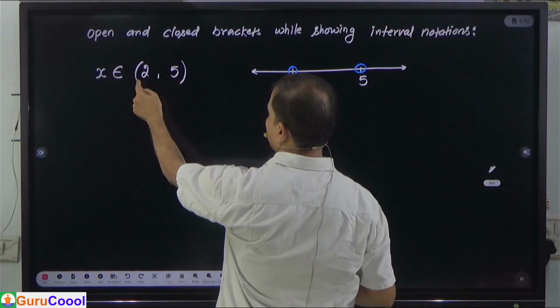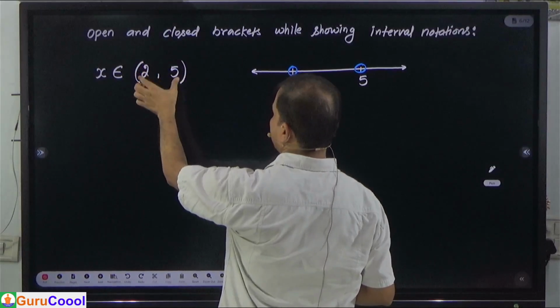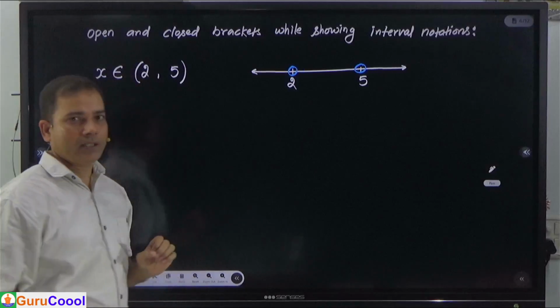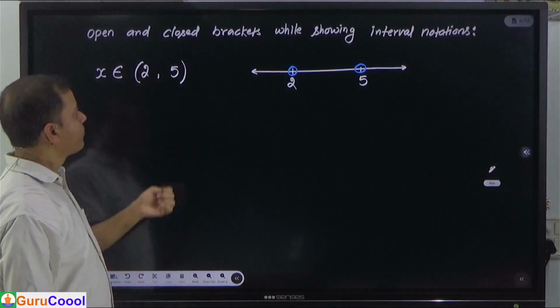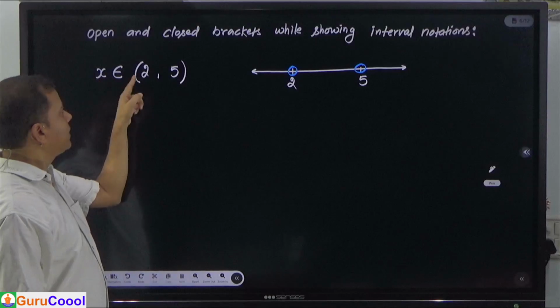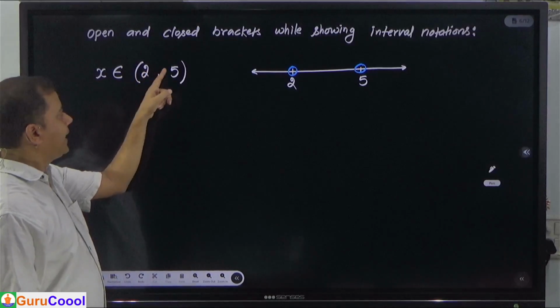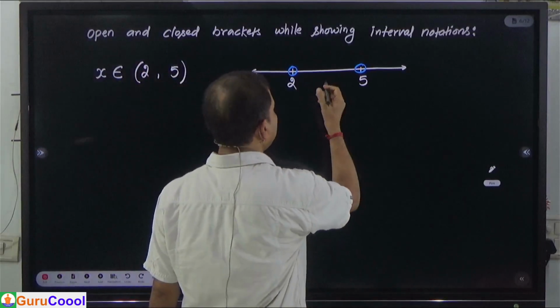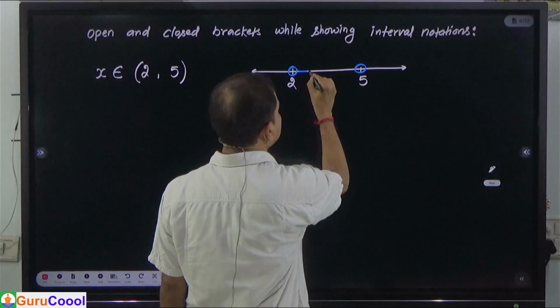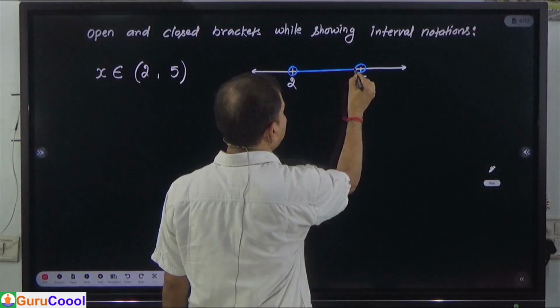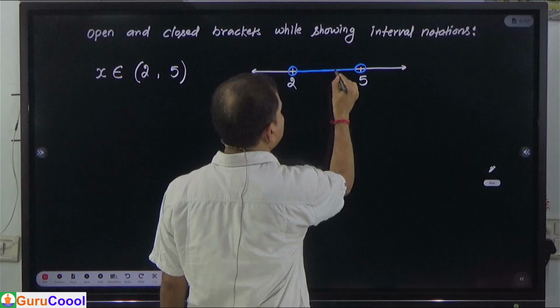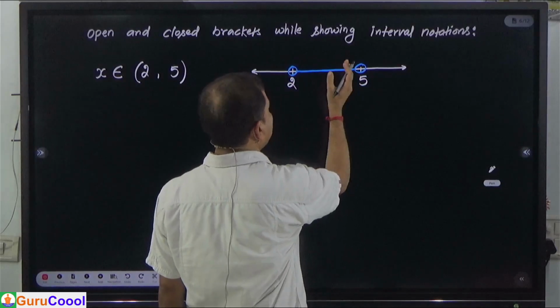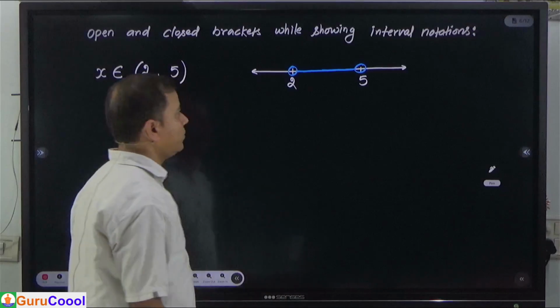Notice this parenthesis, this bracket is called open bracket, open parenthesis. That means X is not equal to 2 and X is not equal to 5, but X is equal to all the numbers between 2 and 5. Every number between 2 and 5 can become a value of X.